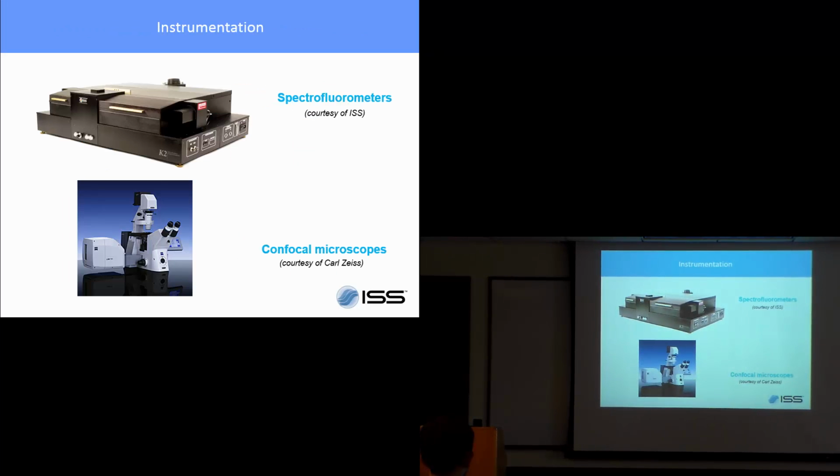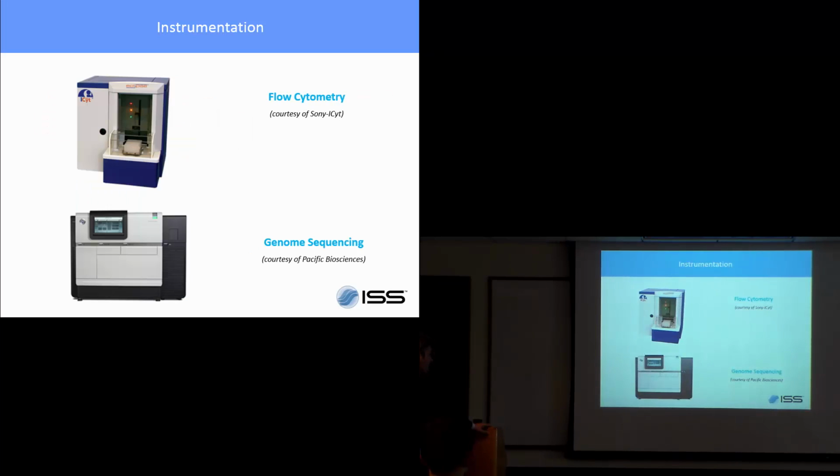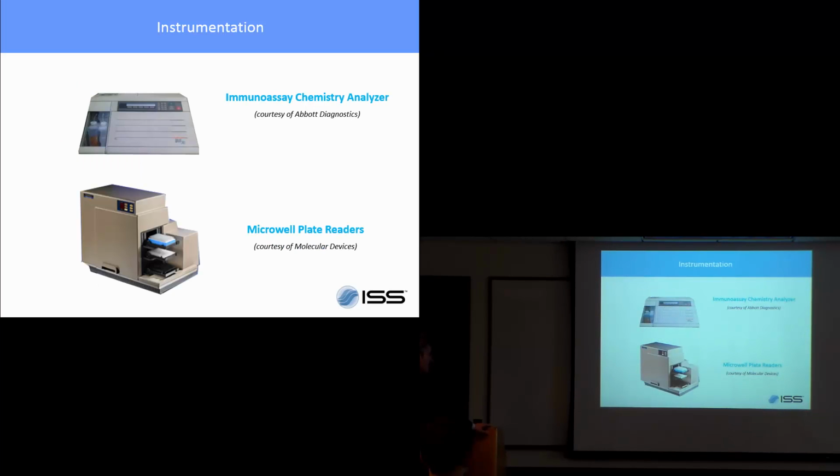These are some of the instruments used in fluorescence: spectrophotometers, and next week you will have some practicals on spectrophotometers, confocal microscopes, flow cytometry, sequencing, microwell plate readers, immunoassay. So there are a lot of applications of fluorescence, both in research and in industry.